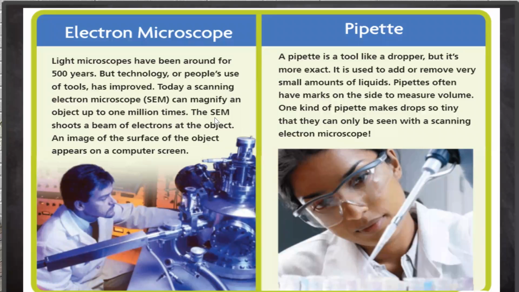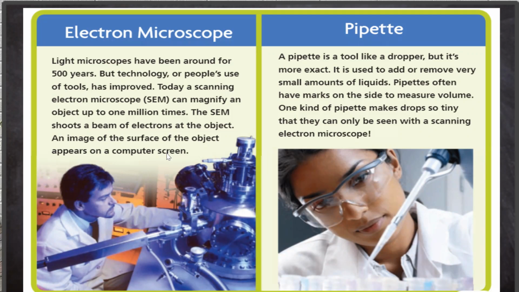Wow. The SEM shoots a beam of electrons at the object. An image of the surface of the object appears on a computer screen. Thank you. So your answer was very good, Judy.